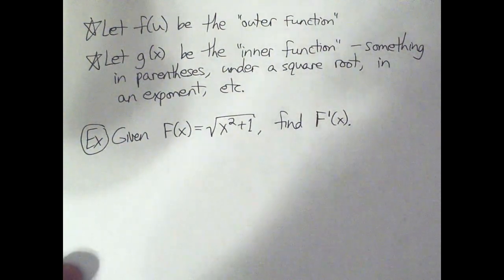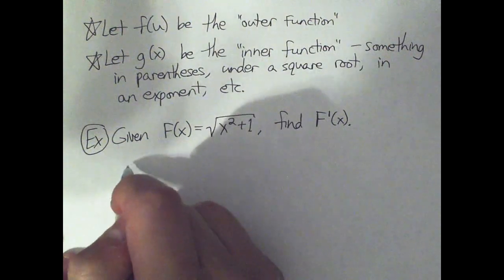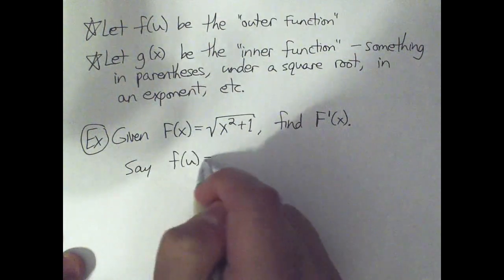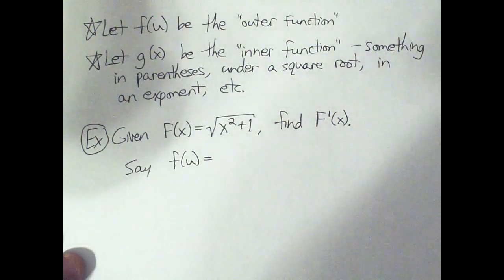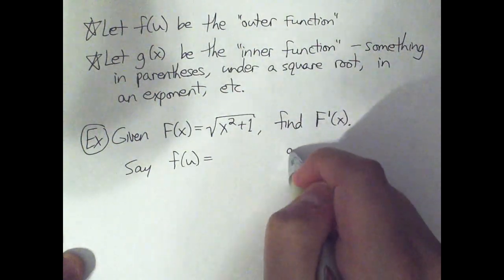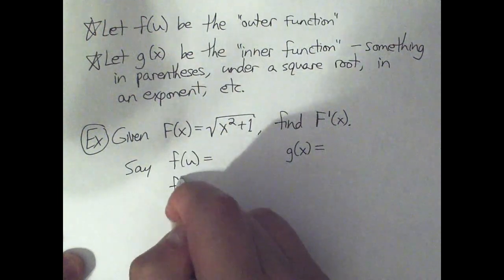So I'm going to set up the same kind of strategy that I did on the previous problem. I'm going to say we need f of u. How about this? We need 4 things. I'm going to set up room for all 4 pieces.